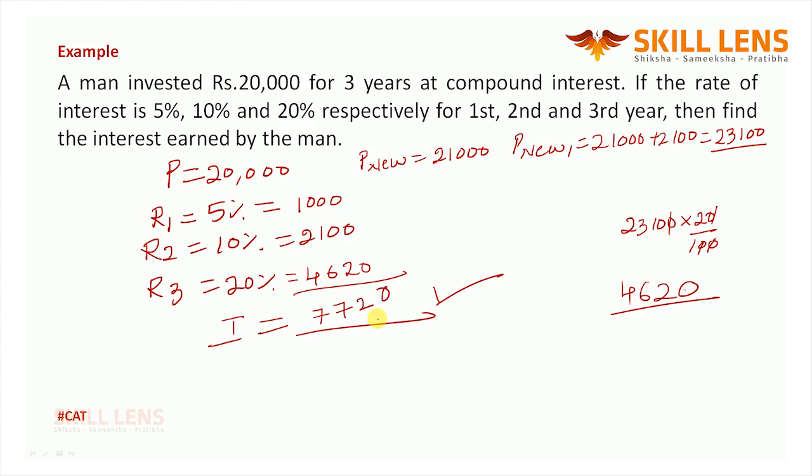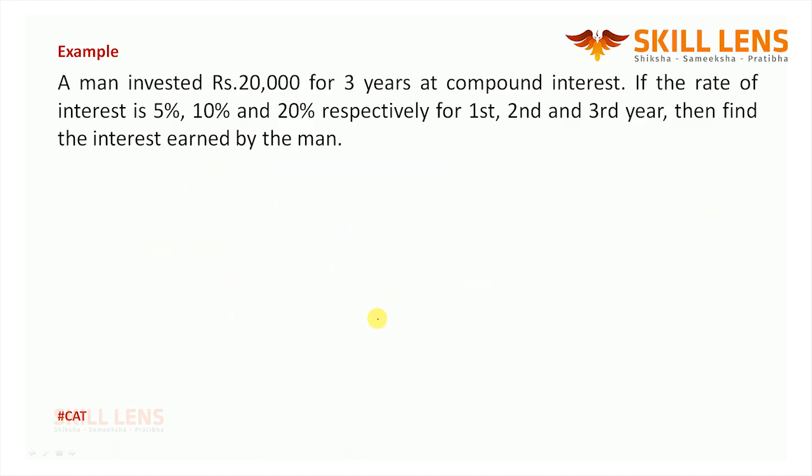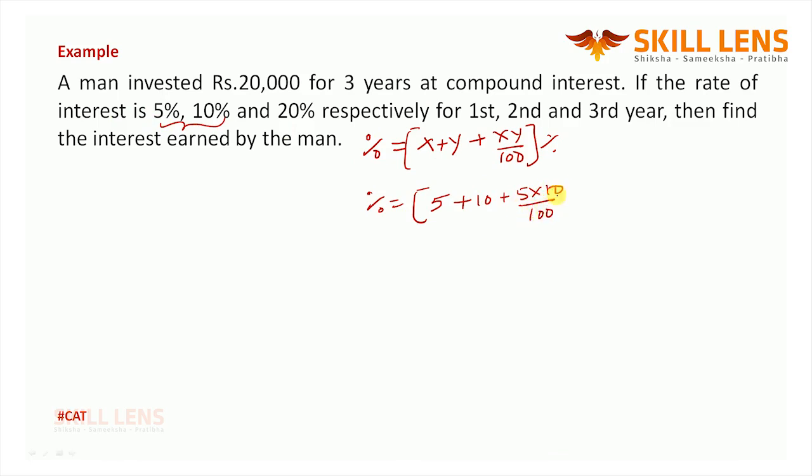Now how to handle the same question in another way? We know this formula: percentage change is equal to x plus y plus xy by 100. X is 5. Let's take first these two values: 5 plus 10 plus 5 into 10 divided by 100. So the percentage is going to be 15.5.